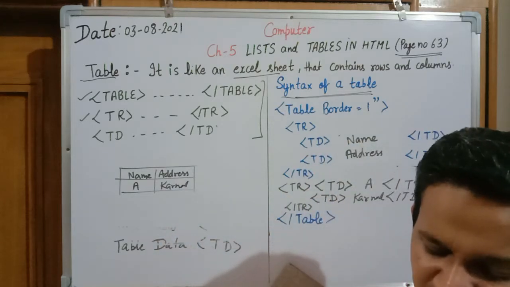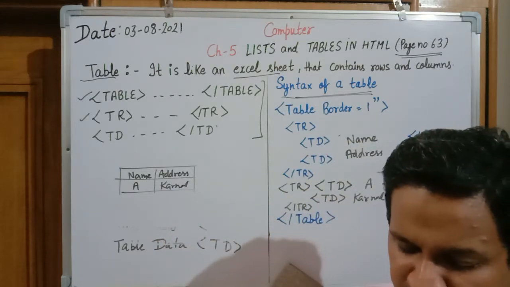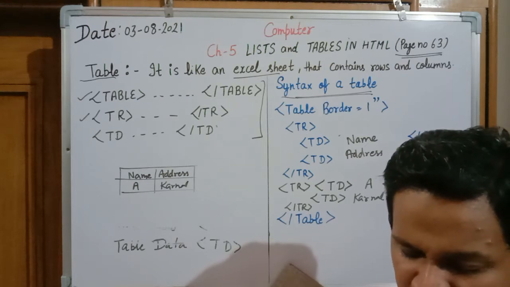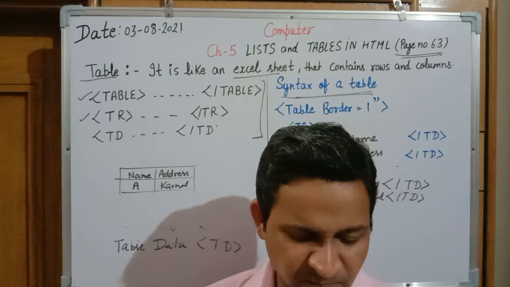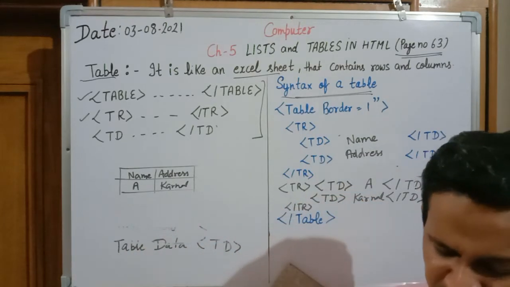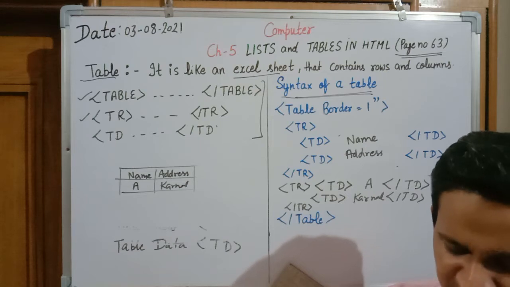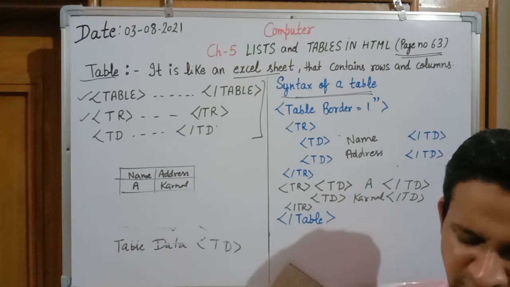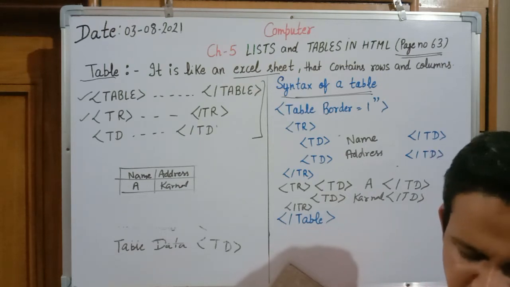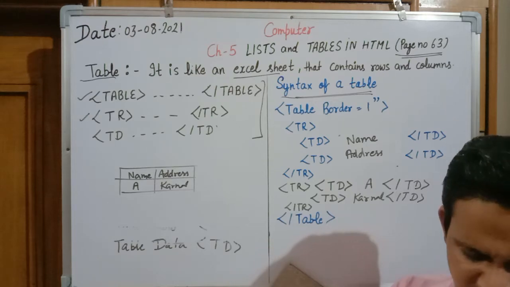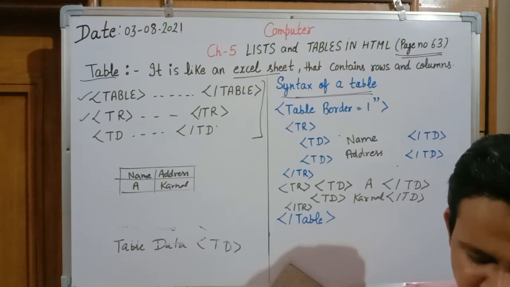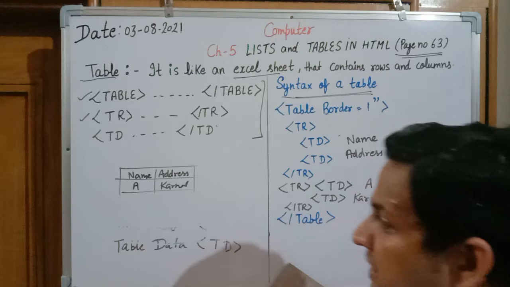The value that will be written in the paragraph has a font size of 6, the color of the value is navy, and the value is ABC Public School. So ABC Public School will be of font size 6, the color will be navy, and it will be displayed in the center position because the alignment is center. Afterward, they have given one straight line, which we studied last time also.